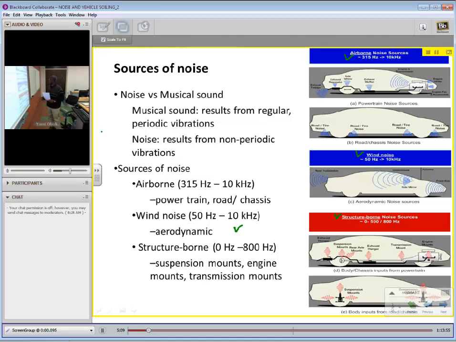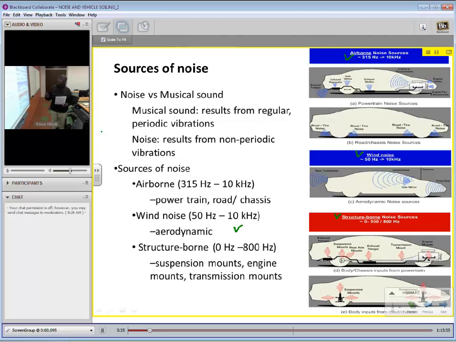When the wind hits the mirror, hits the windshield, especially when you have a crosswind that's perpendicular to the direction of motion, that's a good source of noise. And head-on noise.